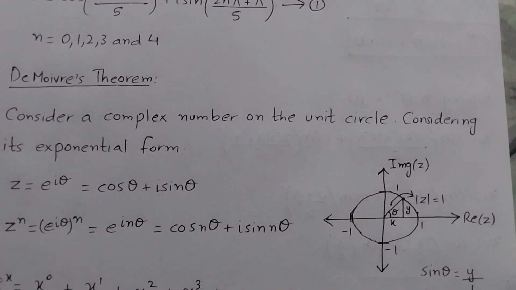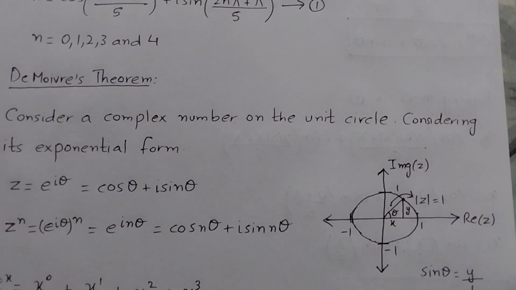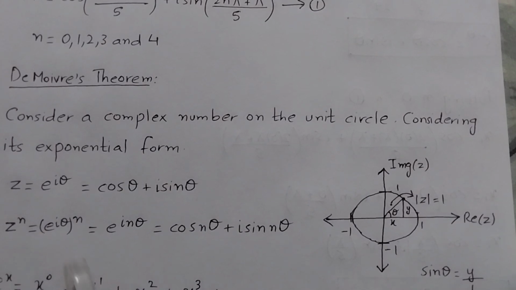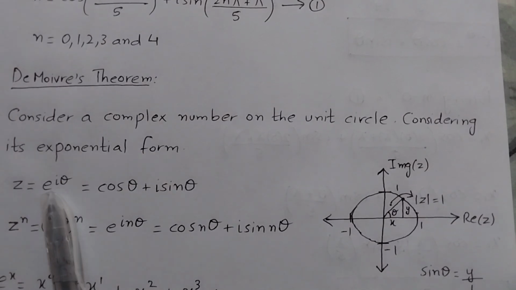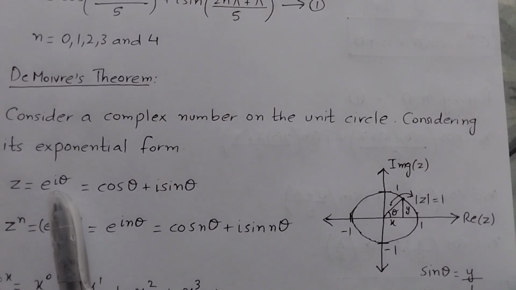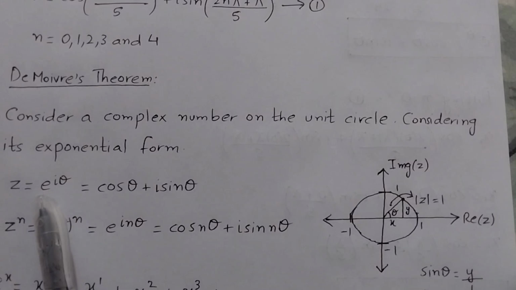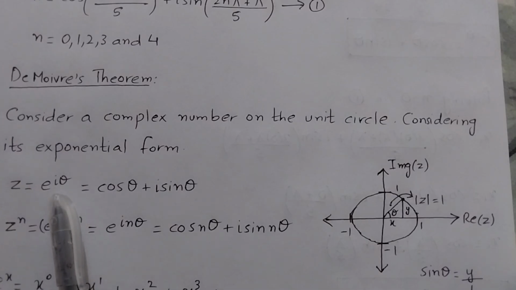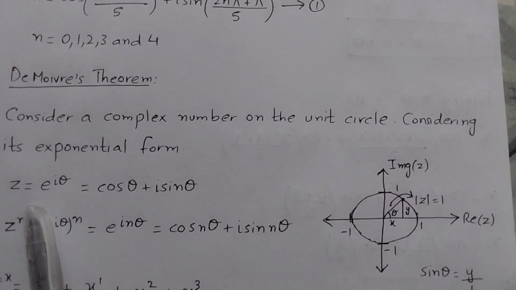It is a length basically, and theta is the angle that the complex number makes with the positive x-axis. And the third is the exponential form, e raised to the power iota theta.